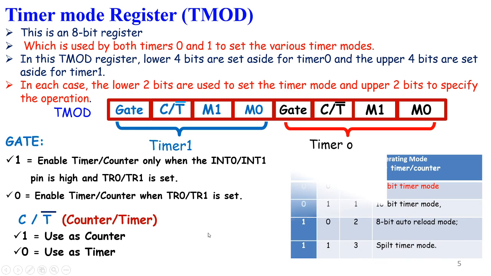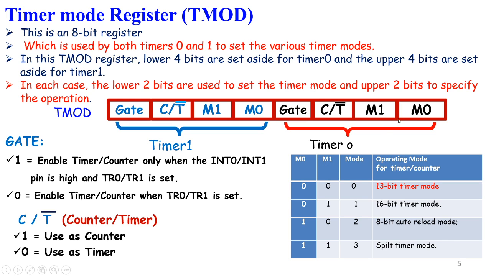Now how is the mode selected? The 8051 microcontroller's Timer 0 and Timer 1 are used in 4 different modes, and that is given by the timer mode select bits M0 and M1.